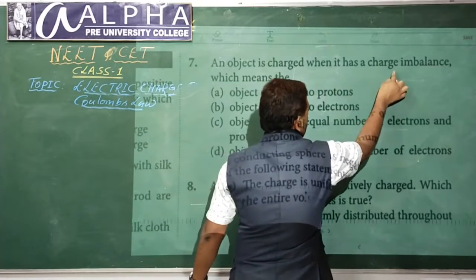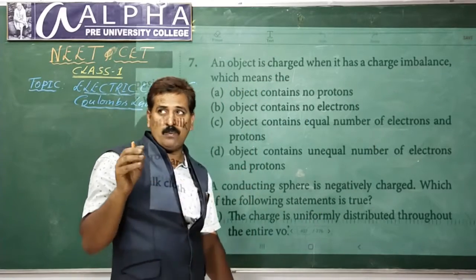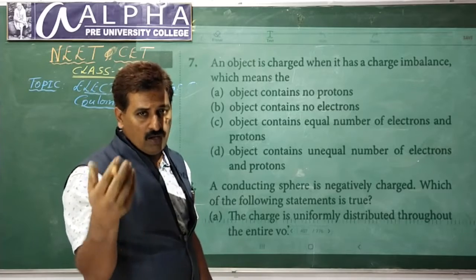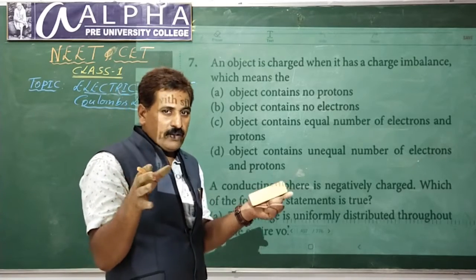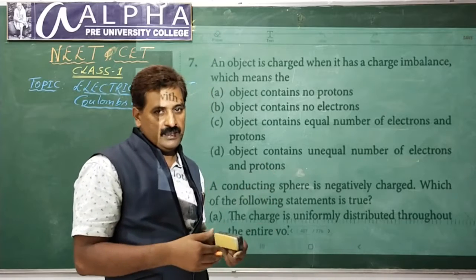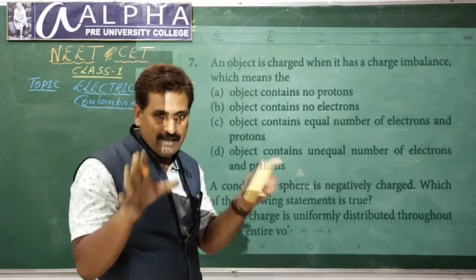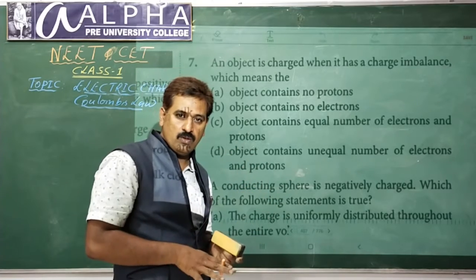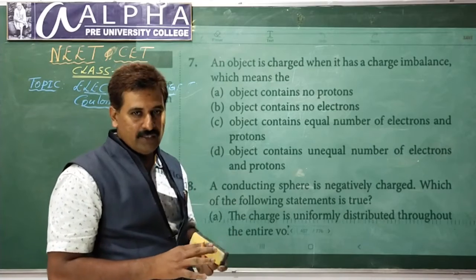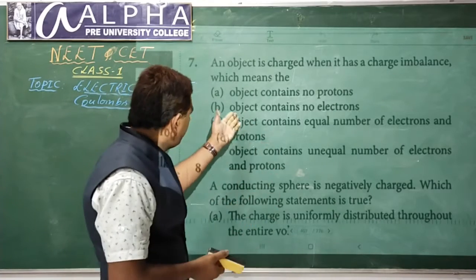Charge imbalance means the number of protons is more or less than the number of electrons. If the number of protons equals the number of electrons, then there is no difference. Charge is balanced, neutral, net charge 0. When there is a difference, then the body is said to be charged. That's all. Now we can identify.